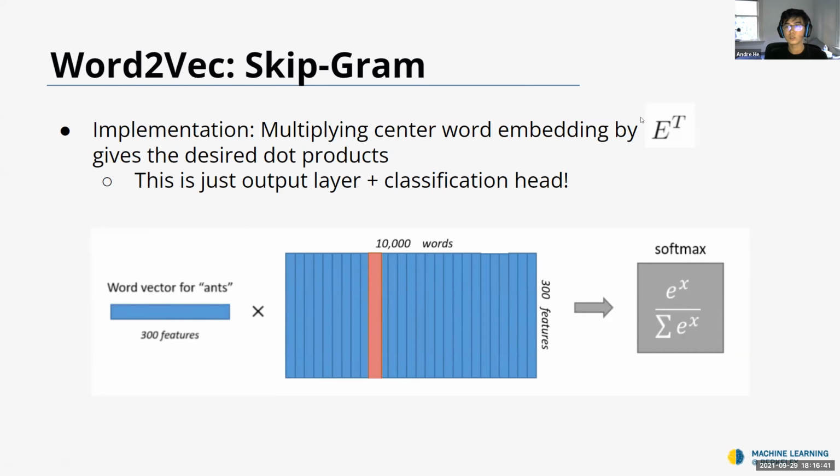So what you're multiplying is just the transpose of the embedding matrix. After multiplication, what you get is a vector that's 10,000 entries long, and at the ith index is the similarity score between ant and the ith word.